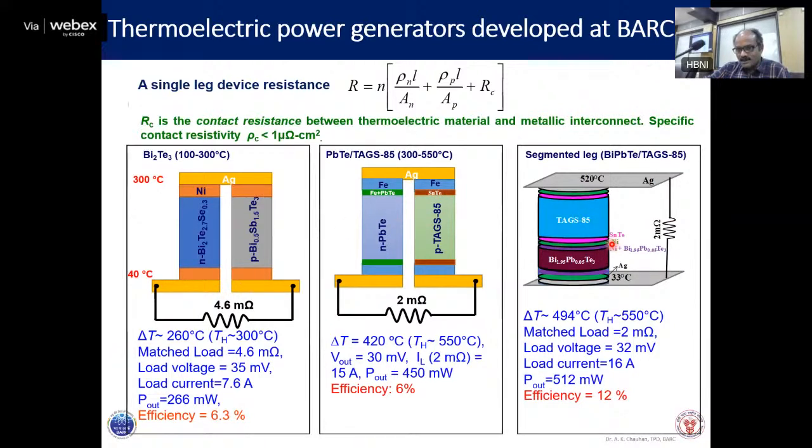Let us consider this is, suppose, 500, and this is 33. So this part, which has an efficiency of 6% in the mid temperature range, is at about 500, and then this is at the lower temperature. So this is a segmented leg, not high temperature. High temperature I have not placed here. For the high temperature range, we are using silicon germanium alloys.